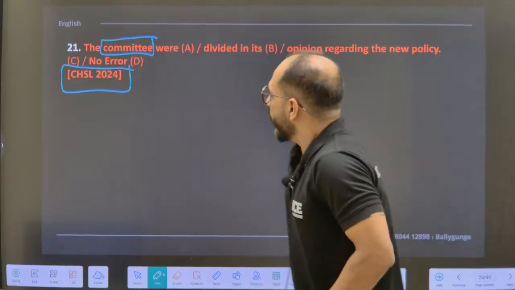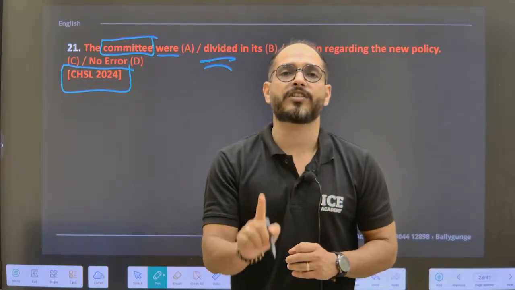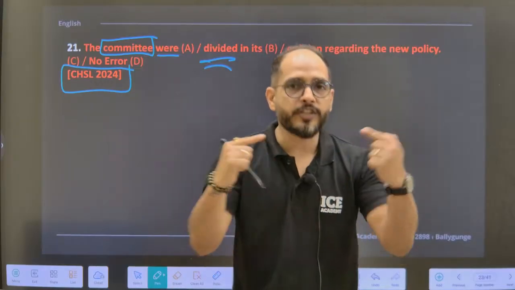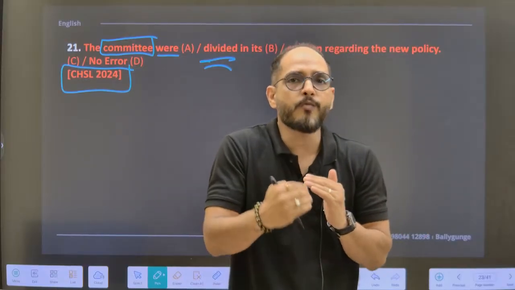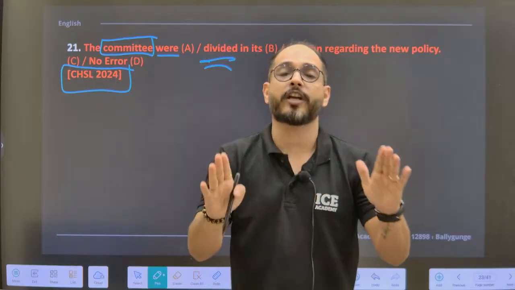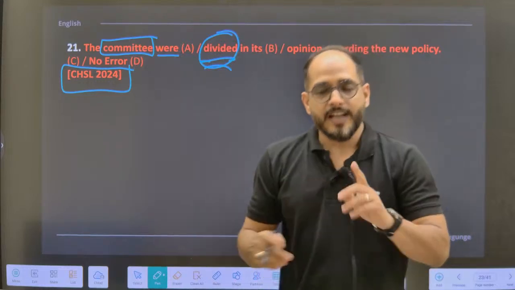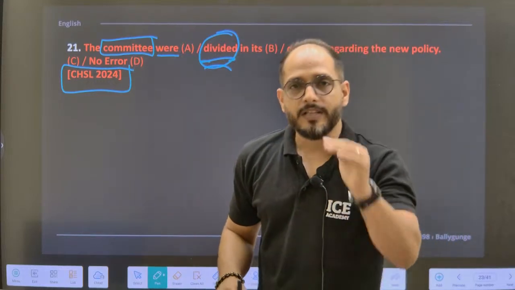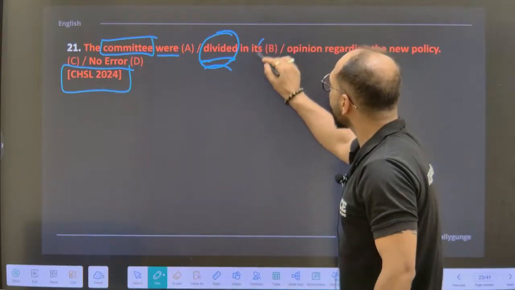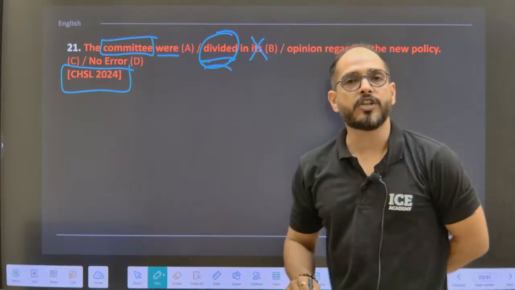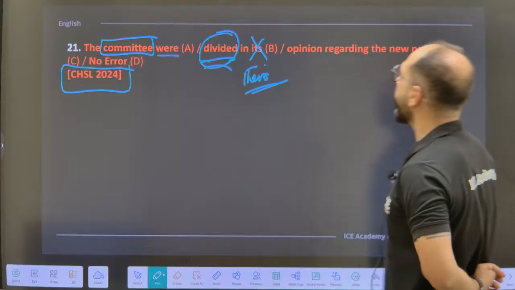Here the committee were divided. That means even though committee is a collective noun and a unit, the members of the committee are not agreeing with one another. That's why this particular word has been used, divided. Now when the collective noun is not performing as a collective noun, then you cannot use a neuter gender singular pronoun. It should be their opinion regarding the new policy.